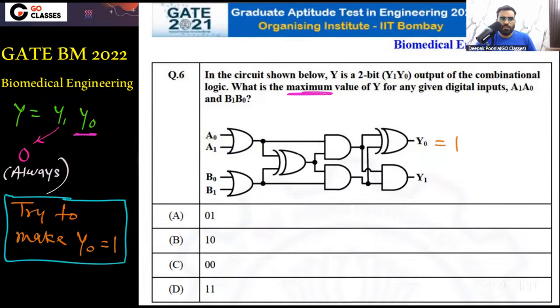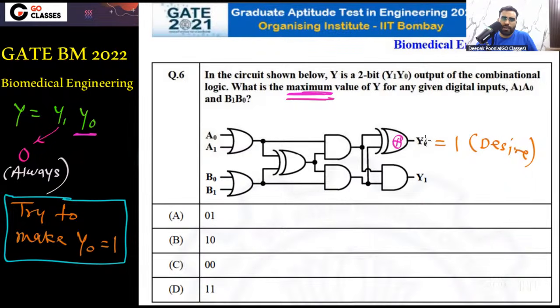We just care about y0 now. Let's see, can I make it? This is my desire to make y0 equal to 1, because the question is asking for the maximum value of y. If I can make y0 equal to 1, then the answer will be 0 1. Otherwise the answer will be 0 0. So let's see, to make y0 equal to 1, you can see there is an XOR gate here.